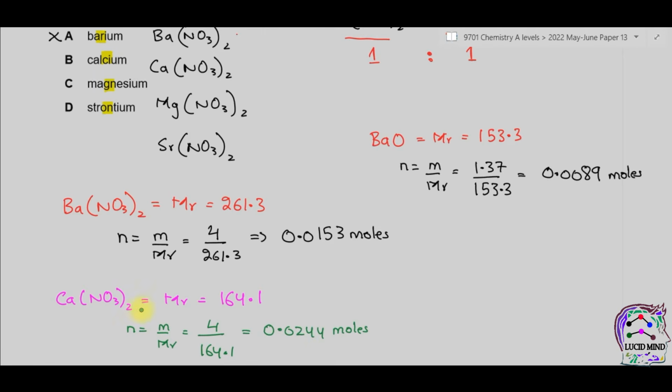Now let's do the same for calcium oxide, which should be one of the products. So calcium oxide Mr is equal to 56.1. Mass given is 1.37 grams. So 1.37 divided by 56.1.